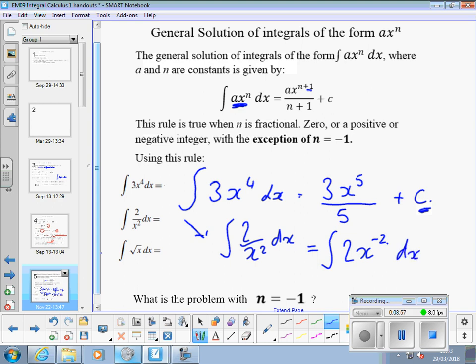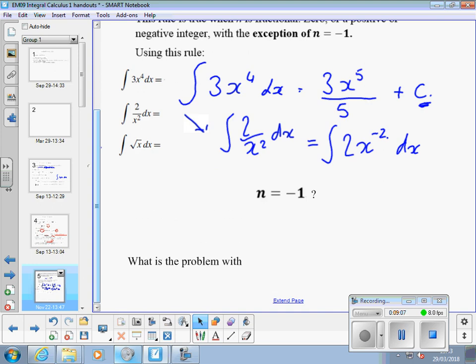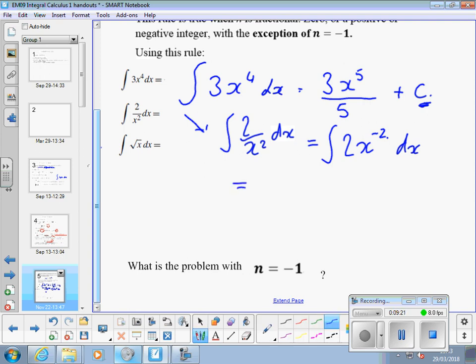Bring it into that ax to the n form. So to finish that off, keep our 2, x, add 1 to the index, minus 1, divide by minus 1.